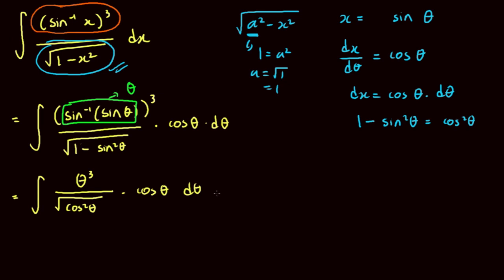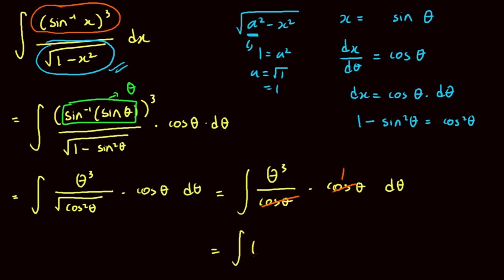That would mean our integral is theta cubed over cosine theta times cosine theta d theta, and as you can see, you can cancel these out and make it 1. So it becomes very straightforward, really child's play. It's just theta cubed d theta, and of course that's just theta to the power of 4 over 4 plus c. But our job is not done yet.